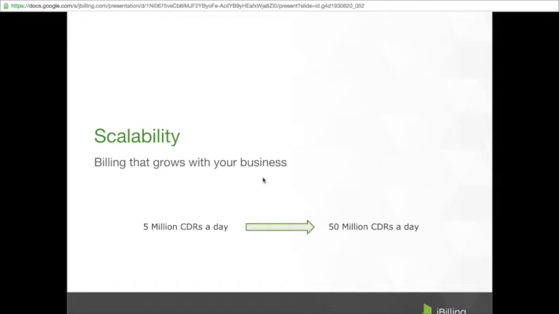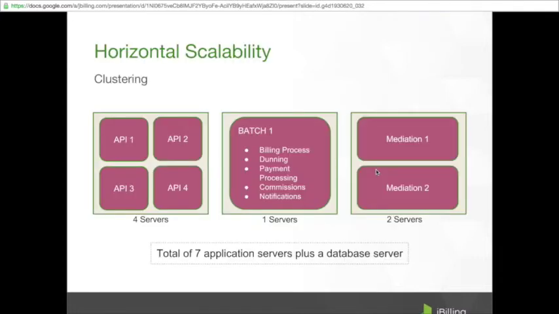That goes into scalability, which is an issue that Greentel will face, right? Because we're moving from 5 million CDRs to 50 million CDRs. If you run JBilling on-premise, which is always an option, you will also be happy to know that it's scalable and scales horizontally. So how do we do it?